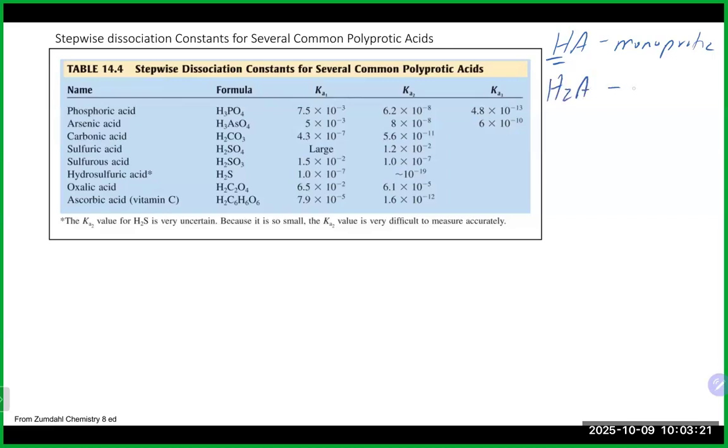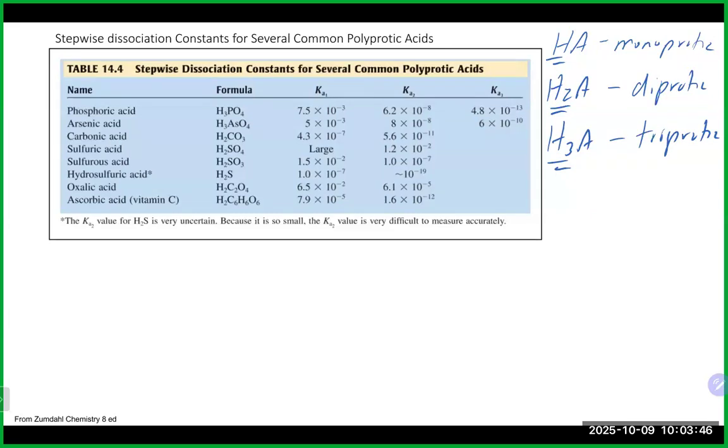H2A is diprotic; it's got two hydrogens to give. And H3A here is triprotic, with three hydrogens to give. When these hydrogens come off, as we might have touched upon earlier in the chapter, they come off one at a time, so they don't all just drop off at once.